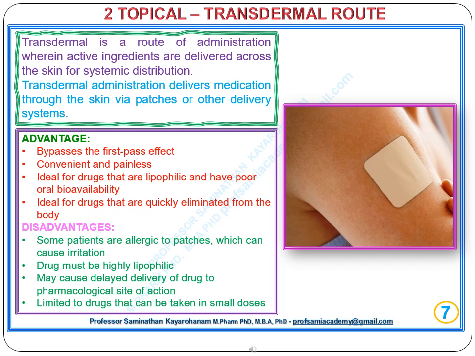Advantage: bypasses the first-pass effect, convenient and painless, ideal for drugs that are lipophilic and have poor oral bioavailability, ideal for drugs that are quickly eliminated from the body. Disadvantages: some patients are allergic to patches, which can cause irritation. Drugs must be highly lipophilic, may cause delayed delivery of drug to the pharmacological site of action, limited to drugs that can be taken in small doses.